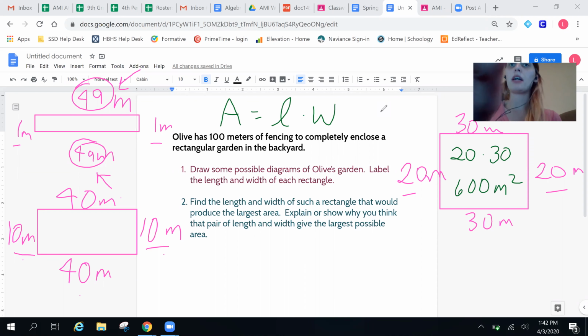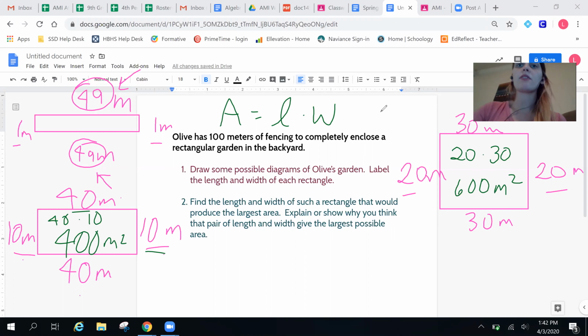The area of this one is 40 and 10, so 40 meters times 10 meters is going to give us 400 meters squared. This area is going to be 1 times 49. Let's write that here. And that's going to be 49 meters squared.